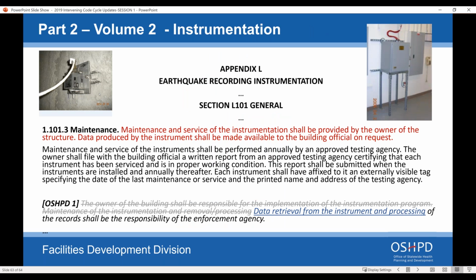Yeah, so this is regarding maintenance for buildings that require seismic instrumentation. There are two types of seismic instrumentation that is required. One is OSHPD paid instrumentation for buildings, and one is owner paid.